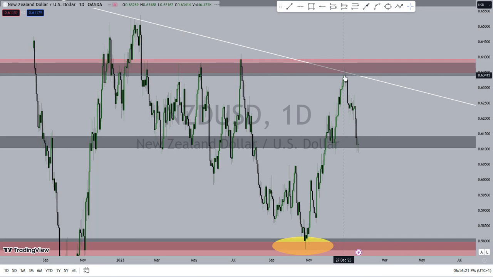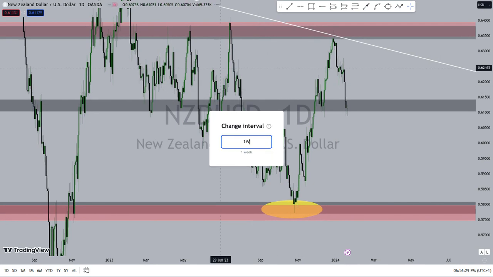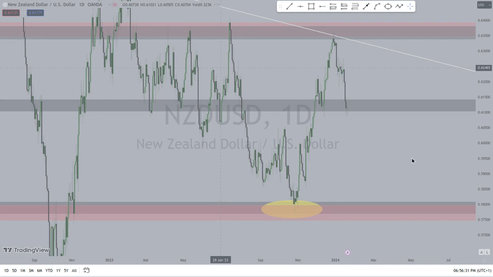Right about here, it touched and it was just rejecting. So for NZD USD, let's go to the weekly time frame. I'll show you guys something.